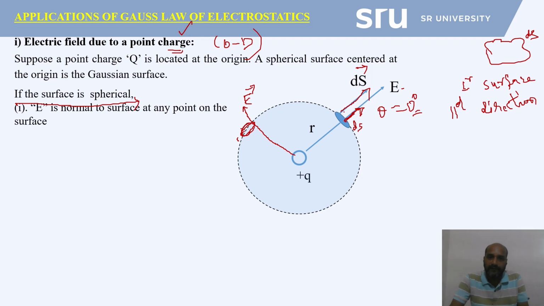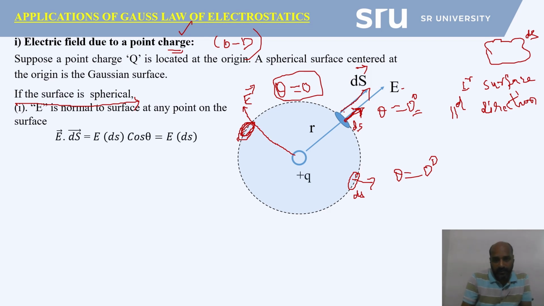Here that electric field is perpendicular to the surface. Not only there, anywhere on the surface, this E will always be perpendicular. What does it mean? Anywhere this theta will be equal to what? 0. Whether it is here or somewhere else, the theta will be 0.